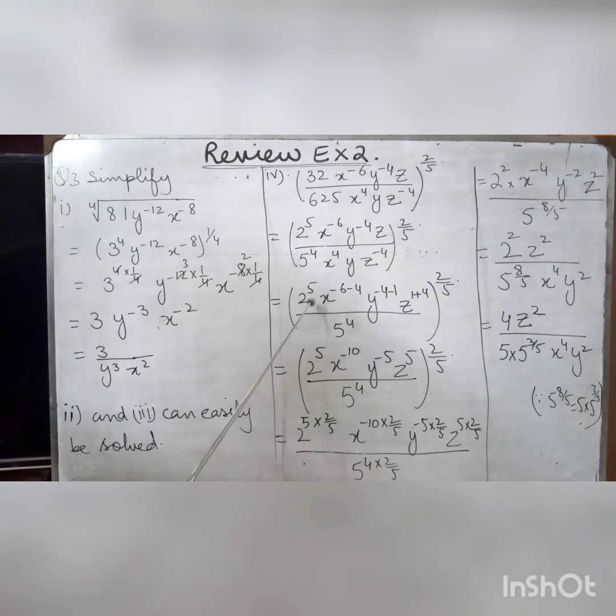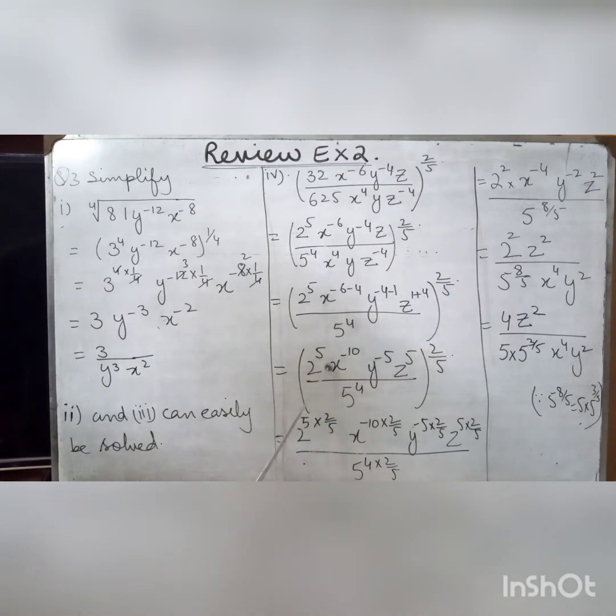According to the law of exponent, we have 2 raised to power 5 x raised to power minus 6 minus 4, y raised to power minus 4 minus 1, z raised to power 1 plus 4 over 5 raised to power 4 with exponent 2 over 5.